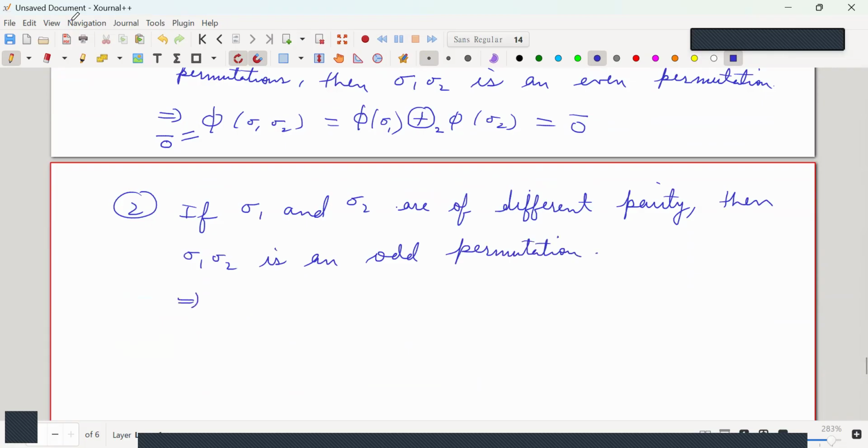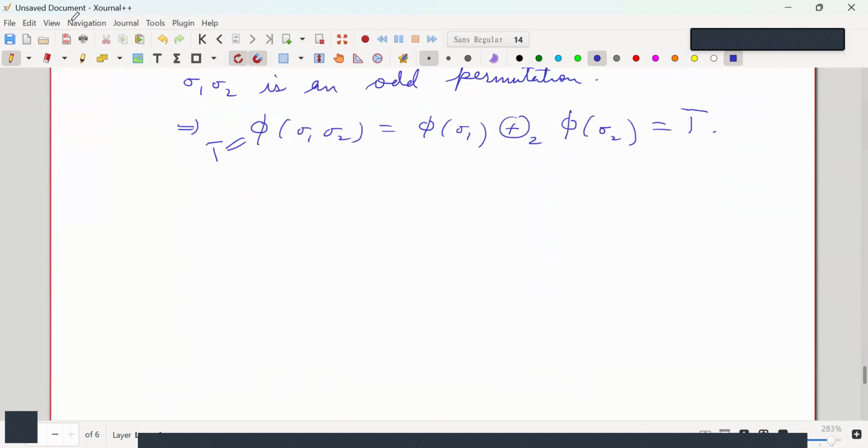So this implies phi of sigma 1 sigma 2, which is 1 bar, is the same as phi of sigma 1 addition modulo 2 phi of sigma 2, because this is again going to be 1 bar, since one of them is 0 bar and the other one is 1 bar. In both cases, phi of sigma 1 sigma 2 is the same as phi of sigma 1 plus phi of sigma 2. So it covers all the cases. This implies phi is a homomorphism.